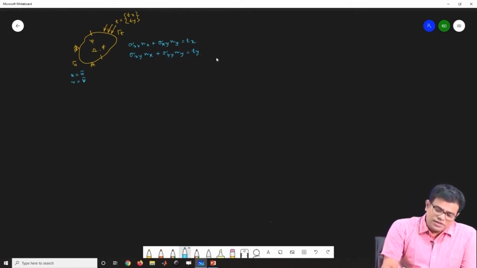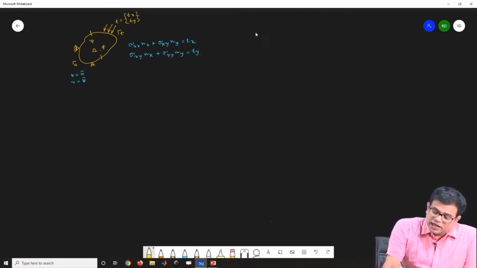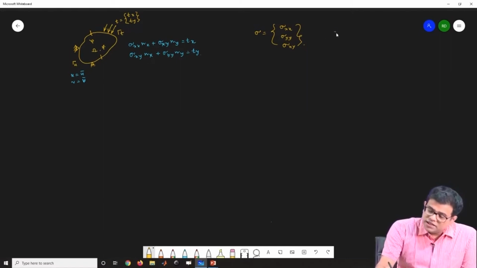Now, we have studied the weak form, so I will start from the weak form where we left off. Again we are following a linear elastic constitutive relation: if I write sigma in vector form, sigma xx, sigma yy, sigma xy, then sigma equals the matrix C multiplied by the epsilon vector.